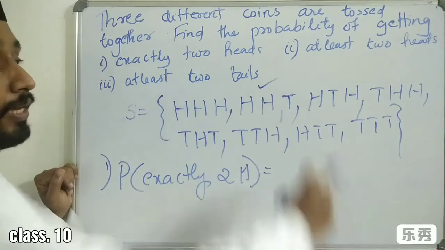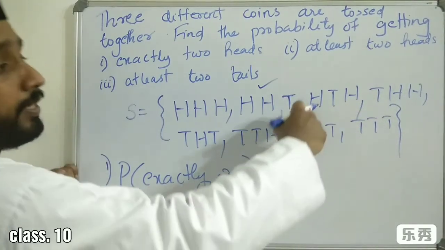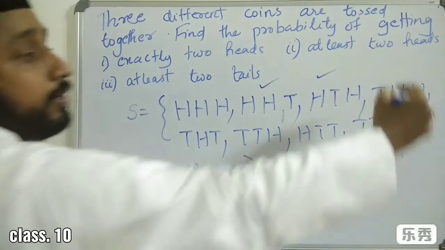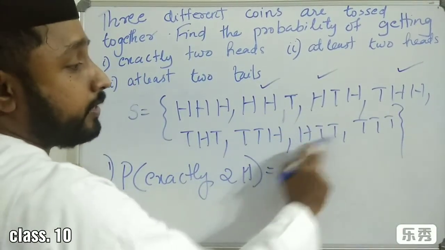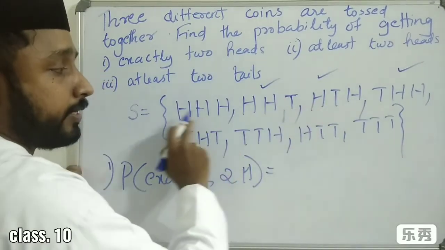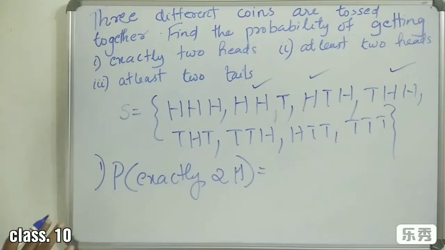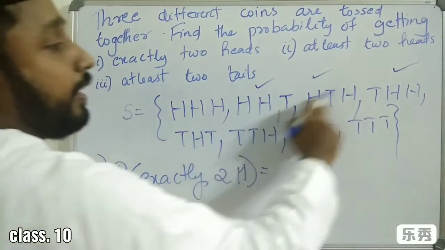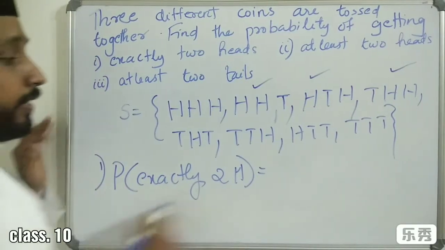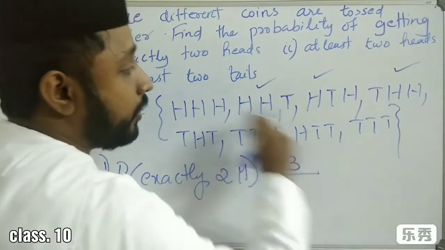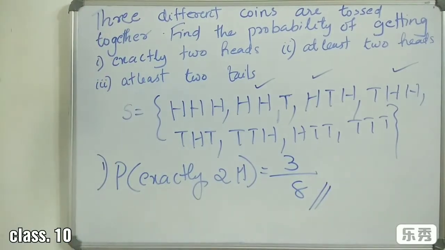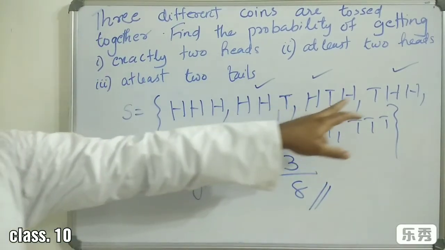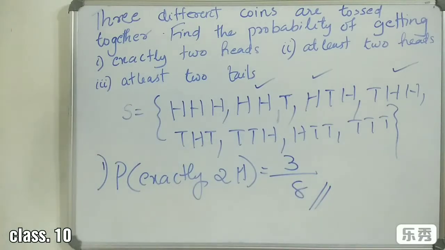Then HTH, here also 2 heads. Then here also 2 heads. Here 1 head, here 1 head, here 1 head, here no head, here 3 heads. We need only exactly 2 heads. So 3 are there. Our favorable outcomes are 3. So 3 divided by total 8. So probability of getting exactly 2 heads is 3 by 8.